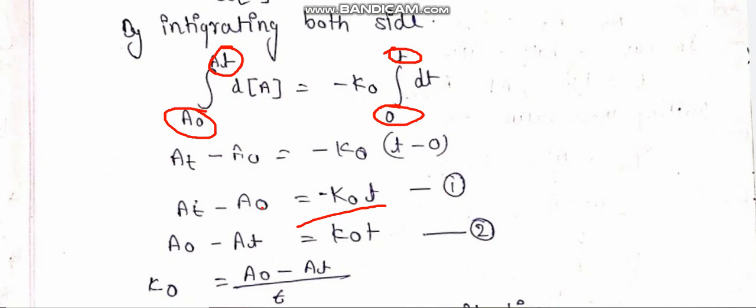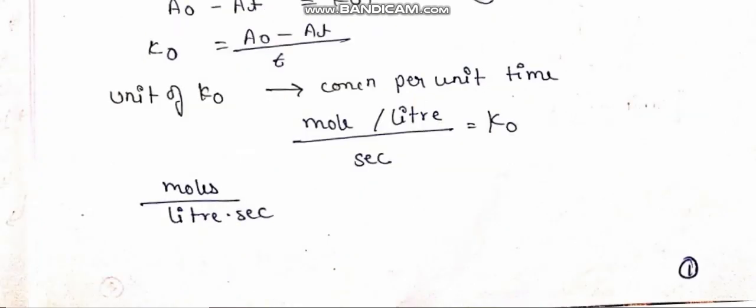And again if we rearrange the equation, this will become A naught minus AT is equal to K naught T. From here we can calculate the value of K naught, which is K naught is equal to A naught minus AT upon T. Now what are the units of K naught?